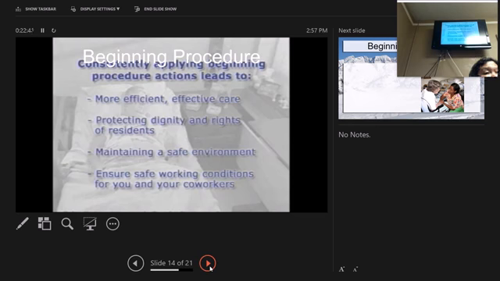You're lowering the side rail on the side of the bed that you're on, or the attended side, so that you're not lifting yourself over the side rail or bending or reaching over top of a raised side rail. Ensuring that your work condition is safe for yourself. You're asking a coworker to help you if you need help. So all of those things are part of your beginning procedures.